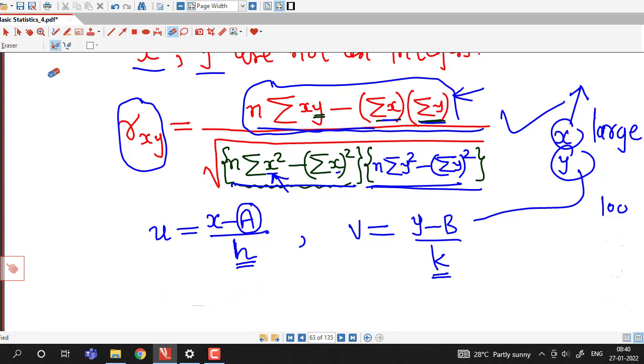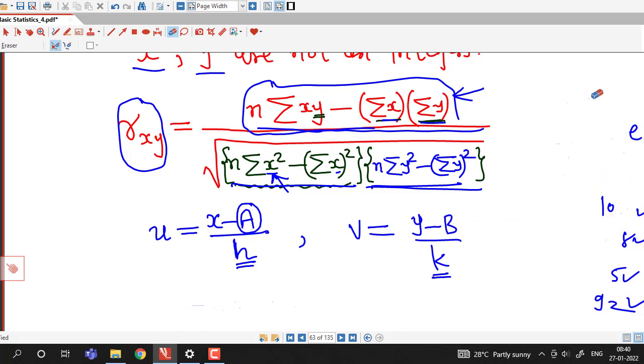Same thing for values of y. For example, if I have values like 95, then 92, there is no common gap between neighboring values of y. So in that case, we will not consider u equal to (x minus a) over h. Instead, we will consider u equal to x minus a, and the same thing for values of y.